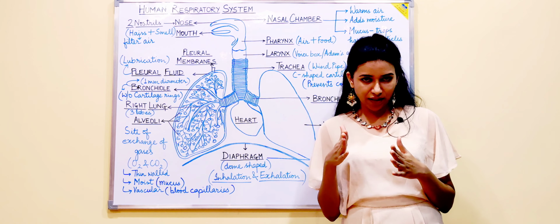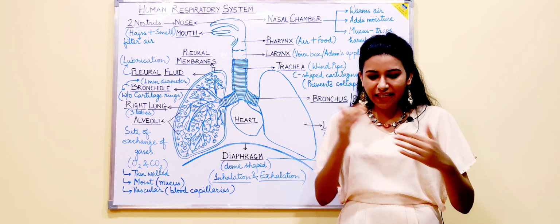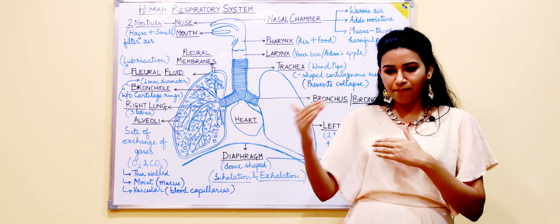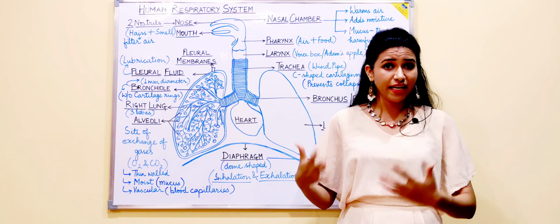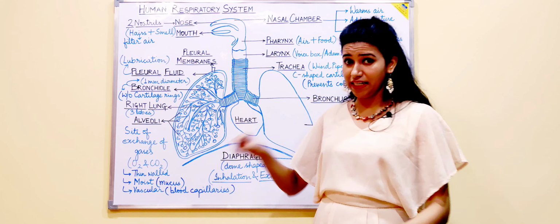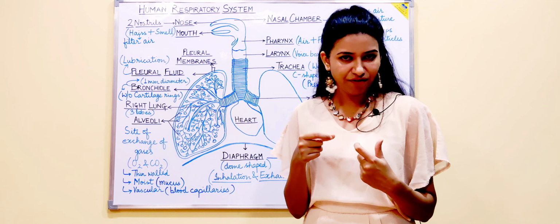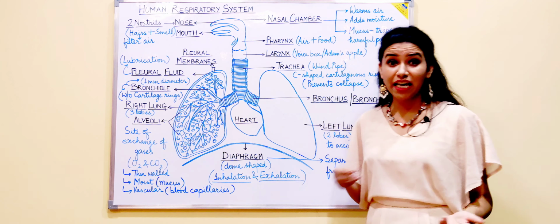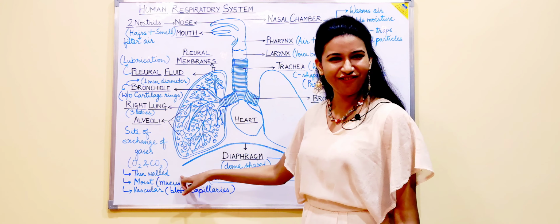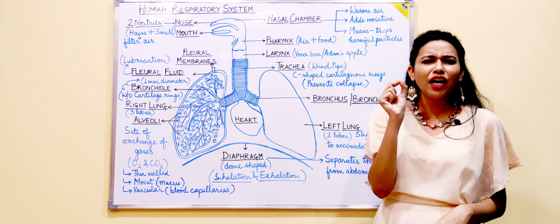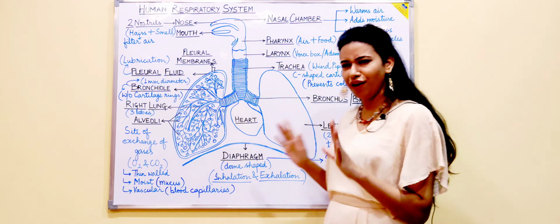So the membranes, whether thin-walled or thick-walled, act like barriers. If you have to cross a barrier and the wall is thick, it will take time. However, if the wall is thin, the gases will not take a lot of time. So what will facilitate an efficient and quick exchange of gases via diffusion? Of course, the presence of thin walls. So alveoli are thin-walled, 1 cell thick, very fine.